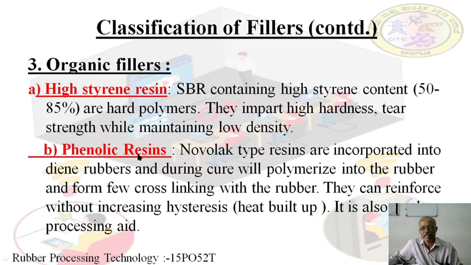Phenolic resins: novolac type resins are incorporated into diene rubbers and during cure will polymerize into the rubber and form few cross-links with the rubber. They can reinforce without increasing hysteresis, that is heat buildup. It is also used as a processing aid.